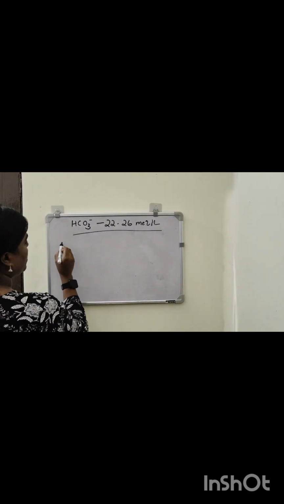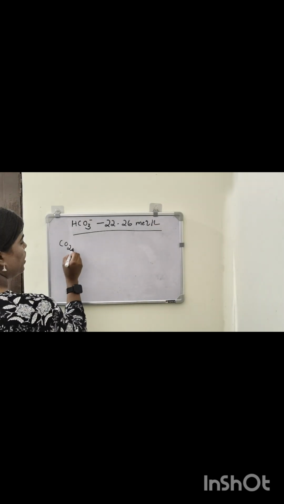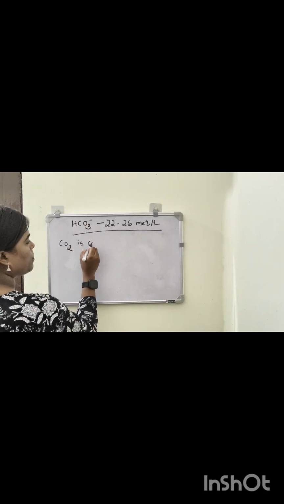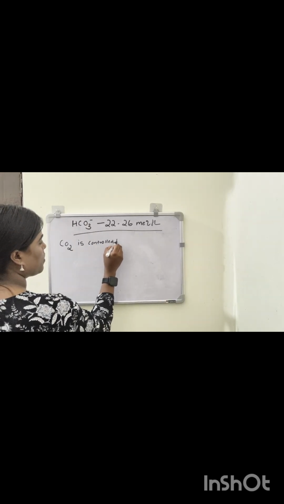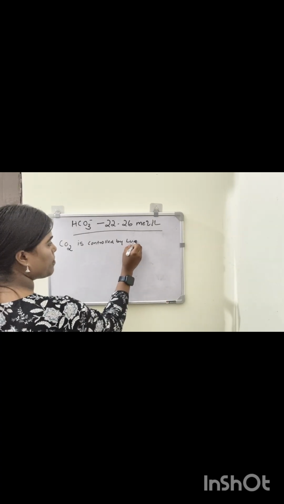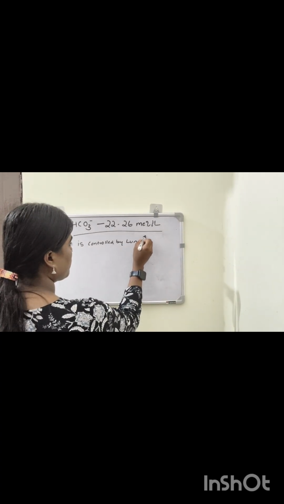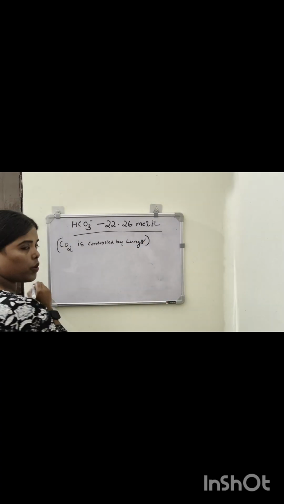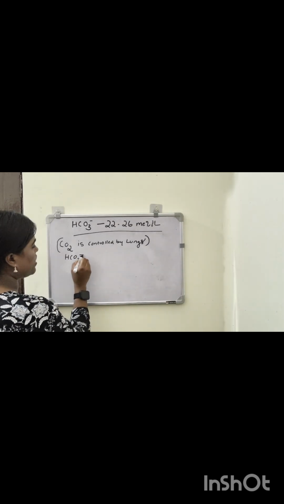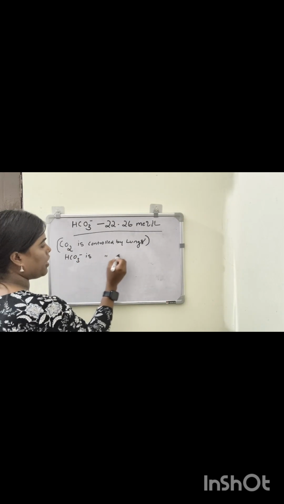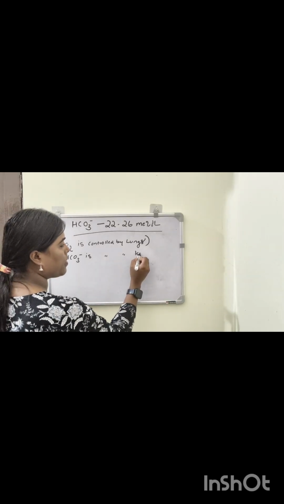So, the CO2 is controlled by the lungs. Okay. The bicarb is controlled by what? Kidney.